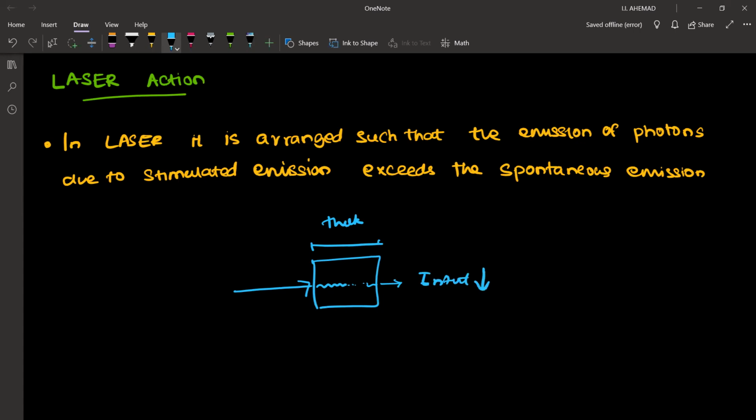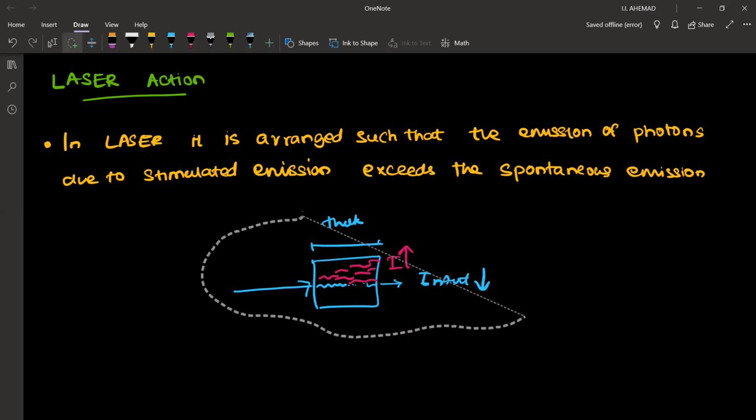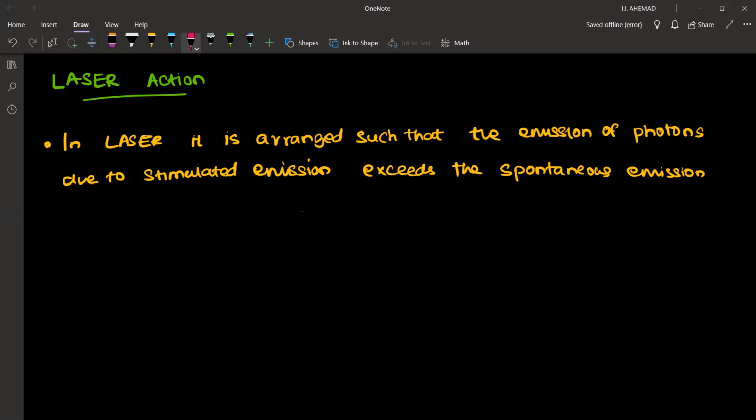The brightness would have reduced. But in a laser, we want the opposite to happen. We want, when light passes through, its intensity to increase. So if we want the intensity to increase, then as these photons move through, they have to produce more photons. Then only the light's intensity will increase. So that is the reason that we try to exceed the stimulated emission above spontaneous emission.